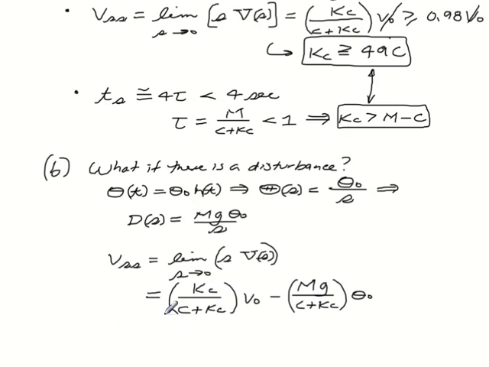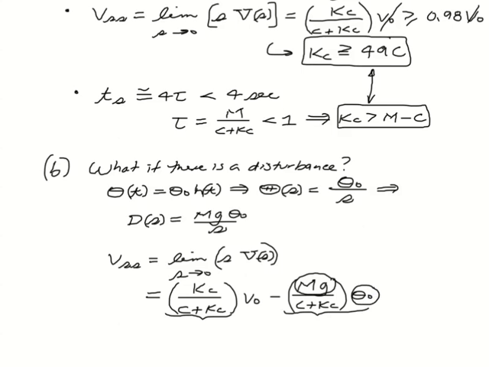So again, we talked about this here. What does Kc have to be in order to be within 98% or whatever that we want? But keep in mind that our disturbance here will always take away from that. So the actual speed in going up the incline will be less by a ratio of the weight of the van divided by C plus the gain Kc times whatever angle that we have here for the road.